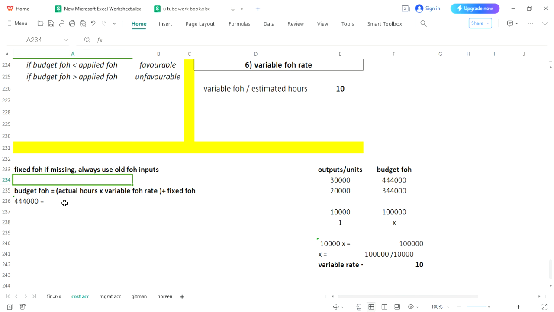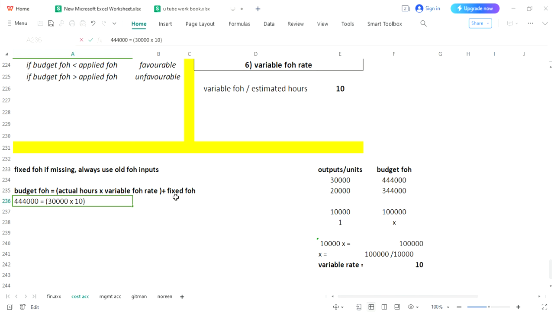So you will put within the bracket 30,000, and you need to multiply it with the variable FH rate. You can see we have calculated the variable FH rate as 10 with the high-low method. Variable FH rate was 10, so put 10 over here, close your bracket, and follow the formula.